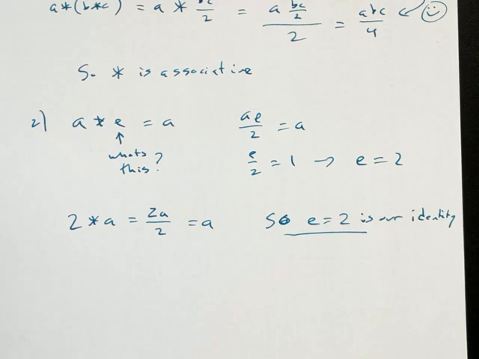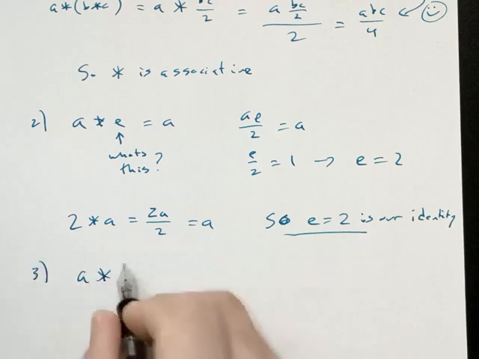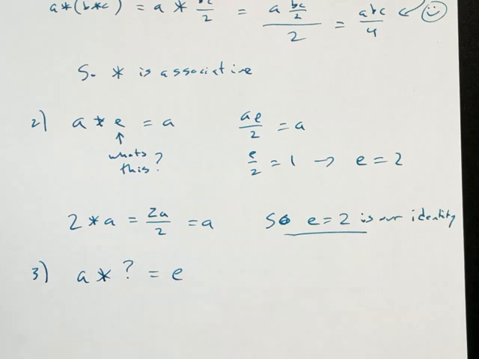What's the fourth one? Inverse. So now I want A star something to give me E. That's why I need to do the identity first. I need to know what it is before I can go on and do inverses. Wait, we know what E is. E is 2. Great.